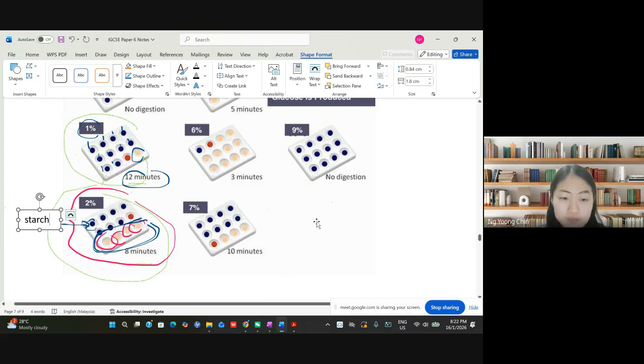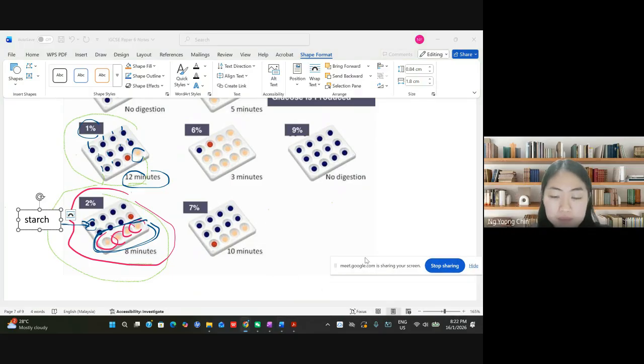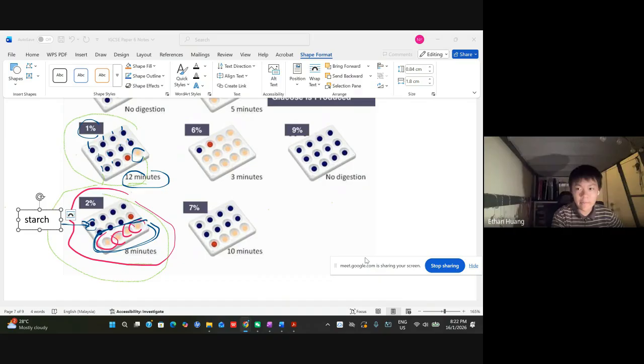Maltose. So will the iodine change in color if it detects maltose? Will it change in color or will it still remain the same color? What's the answer? No change in color.